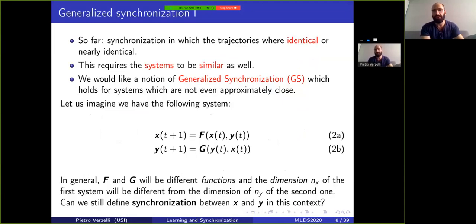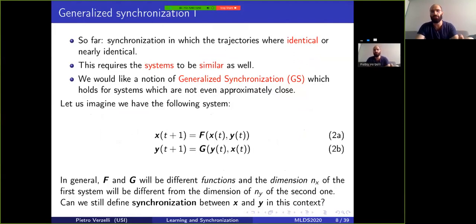Actually, it's even more general than what I said, because up until now we've only been studying identical systems, and so they have identical trajectories. But generalized synchronization wishes to define a synchronization in some sense that holds for any system.